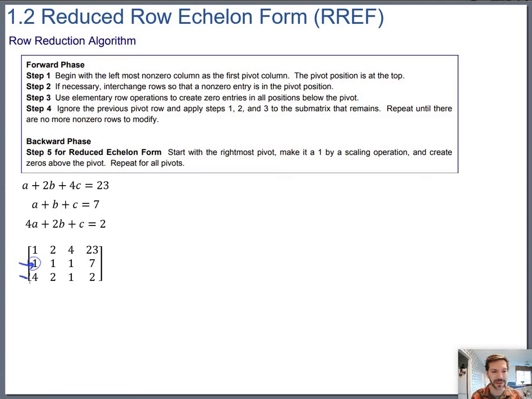And then we'll proceed to try to put a 0 in that spot. And then for this matrix, our last one would be trying to put a 0 in that spot. And we'll go on from there.